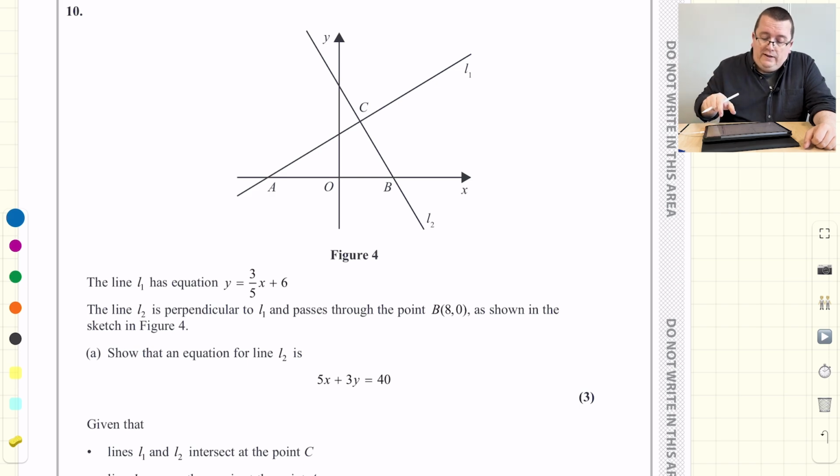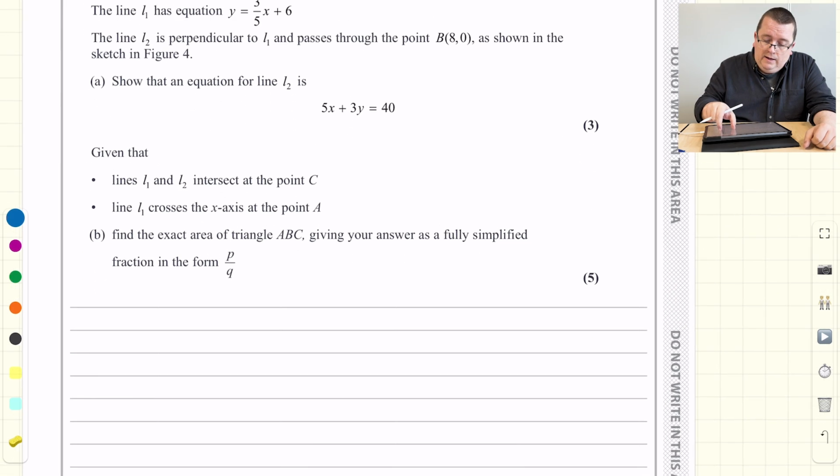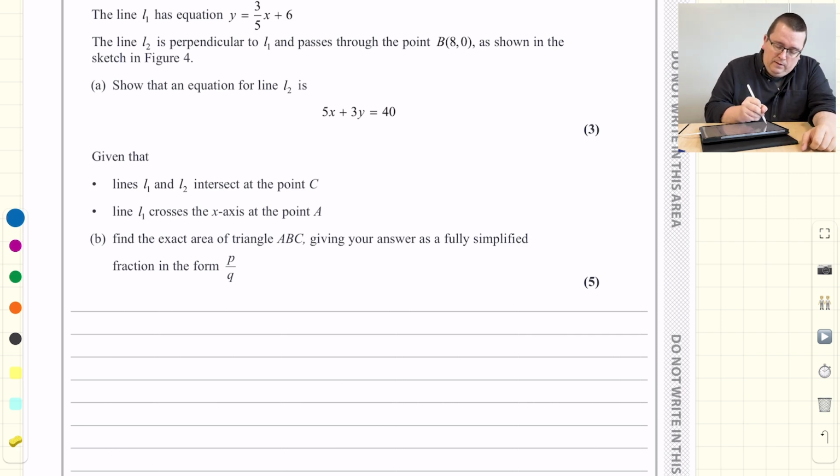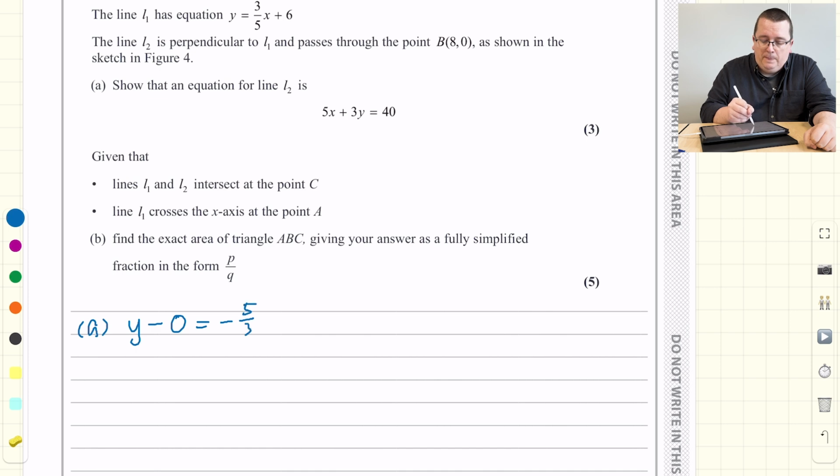So we know that it goes through (8, 0). We know that it's got to be perpendicular to y equals 3/5 x plus 6. So for part A, using y minus y1 equals m(x minus x1), y minus 0 is equal to the negative reciprocal of 3/5, so minus 5/3, times (x take away x1, which is 8).